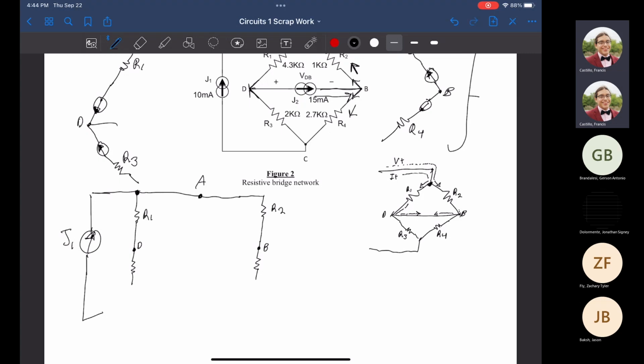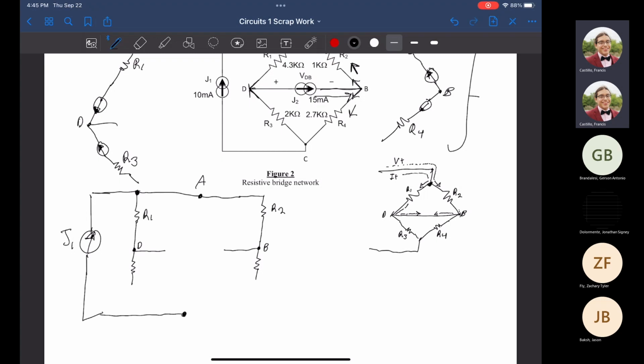Since we know between the points B and D, there is some sort of split between the current and the voltage flowing in and out. There's something going on there. We can safely assume B and D will have one connector of our current source when we shift it. Now, from here, we can do a mirror since it is a symmetrical circuit.